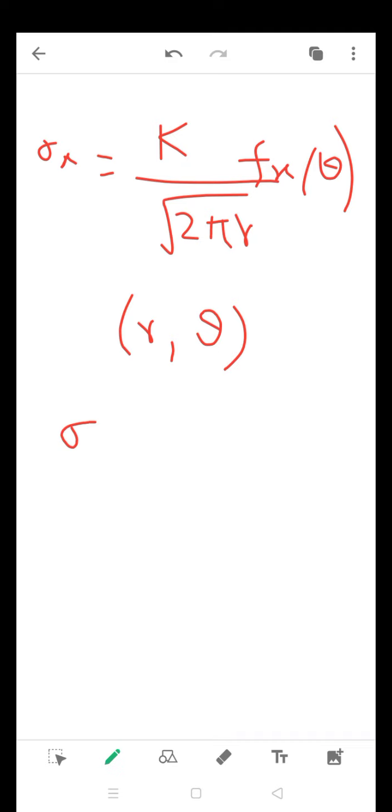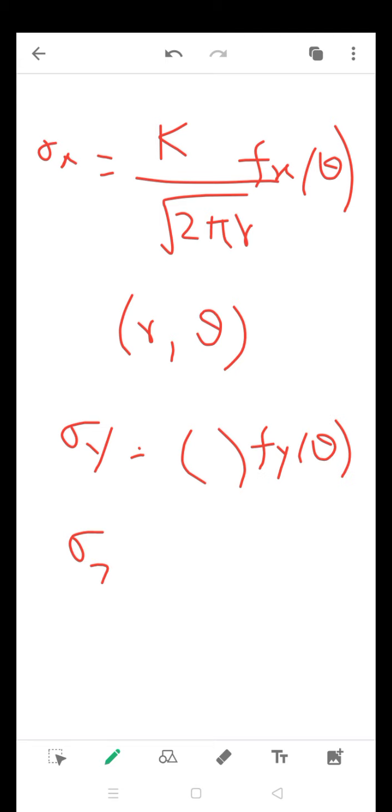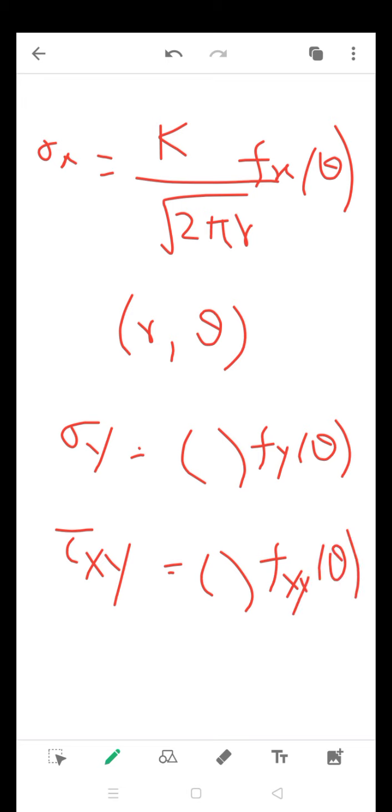Similarly, there will be the y-axis. The only thing that will change here is, instead of fx theta, it will be fy theta. And lastly, we have a shear stress tau xy, which will again be the same thing, only it will depend upon fxy theta. Now this fx, fy and fxy are basically functions.